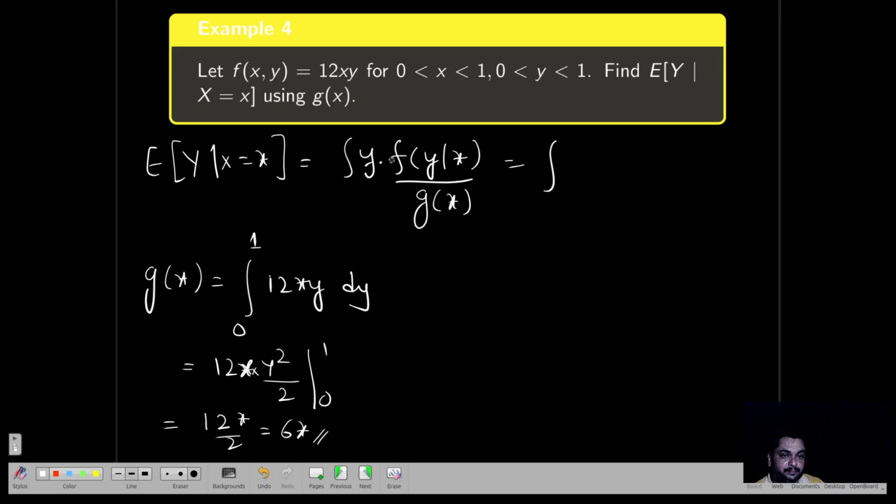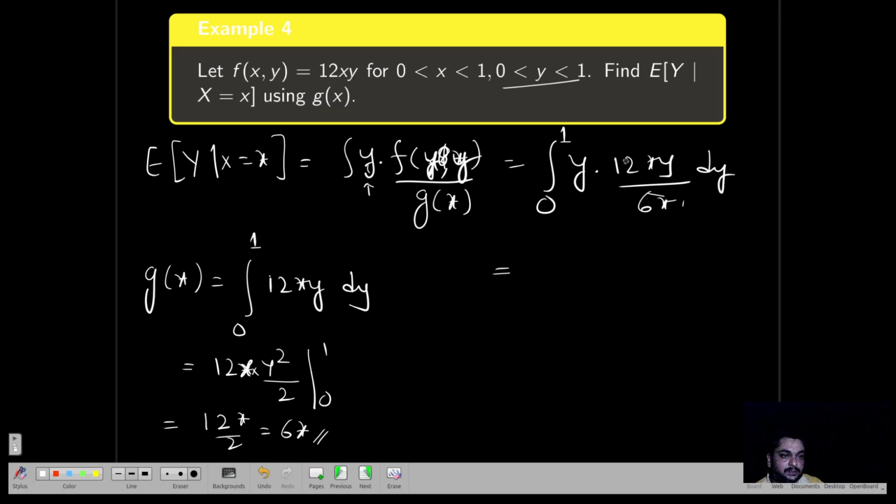Now we put it here. You are integrating over y, so the interval will be y from 0 to 1. y into f of x comma y. F of x comma y is 12xy divided by g of x, which is 6x, dy.